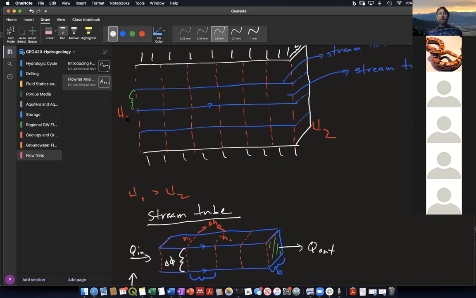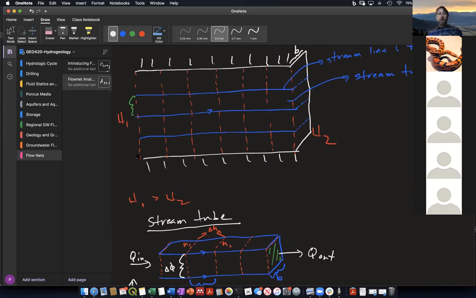So how do I, in this flow net up here, how would you calculate what the contour interval is here? You know the value H1 and you know the value H2. How would you calculate what the contour interval here is?